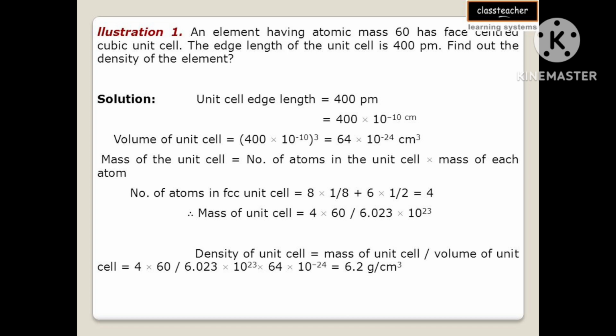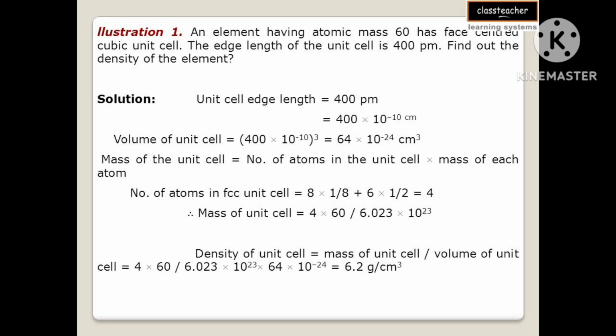Then first example, numericals. Actually, this type of numericals may be asked in examination. Question I am reading, then I will solve the numericals. An element has a body-centered cubic structure with a cell edge of 288 picometer.